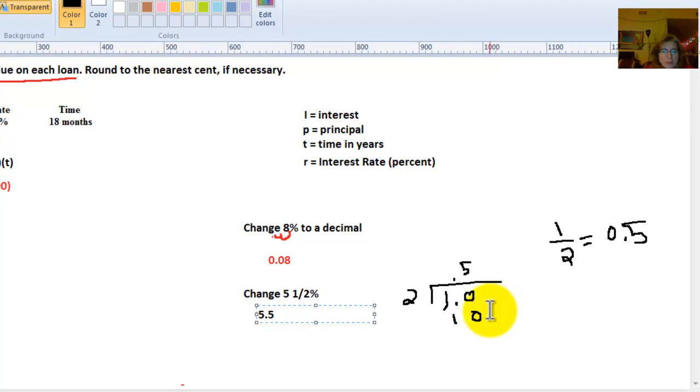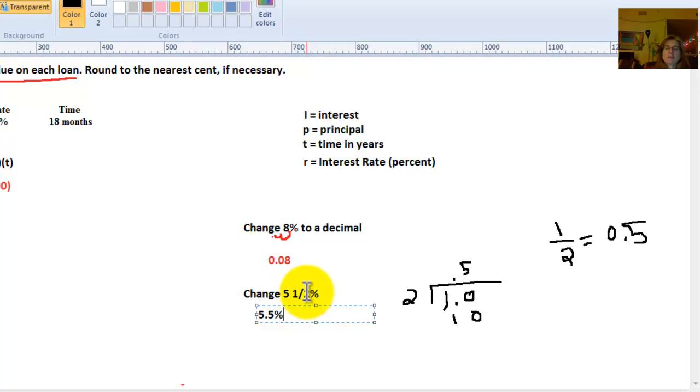But it's percent. We still haven't removed the percent sign. We've only fixed the number there, so now we can do our trick of moving the decimal. So you have to remember there's 2 steps to changing a fraction or a mixed number with a percent sign on it back to a decimal.